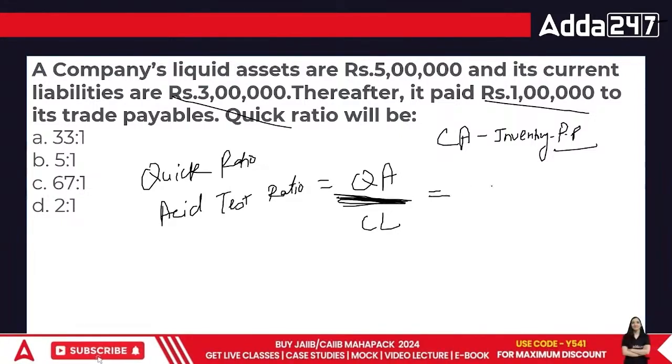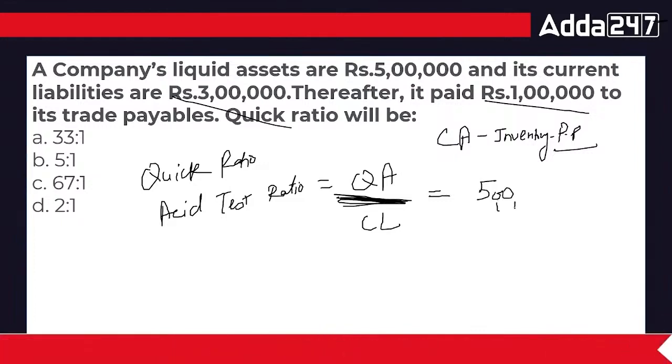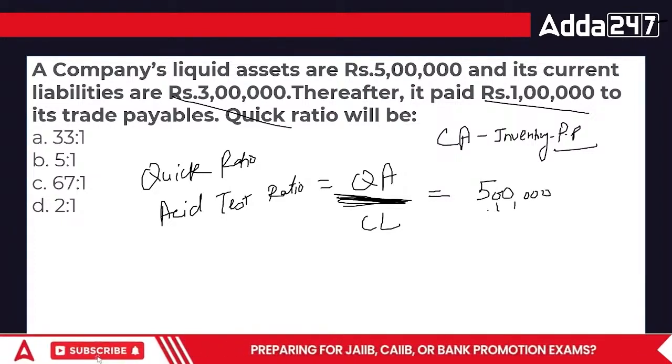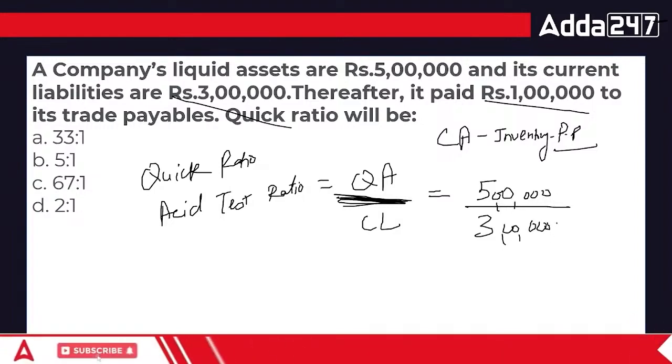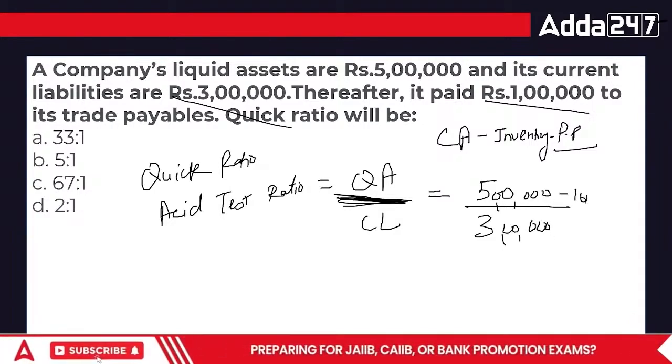So can we do this here? We have liquid assets as rupees 5 lakh. Then we have 3 lakh. And thereafter it paid 1 lakh to the trade payables. That means if we have paid, 1 lakh from the cash is gone.